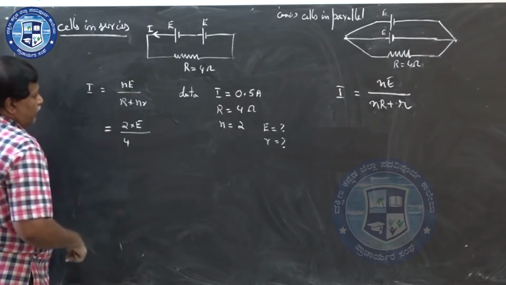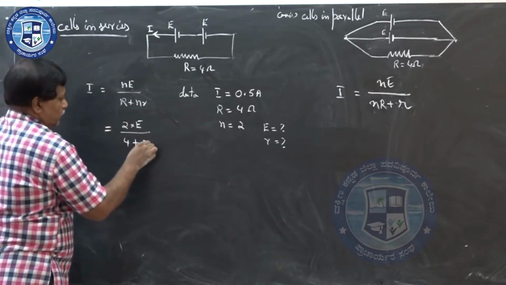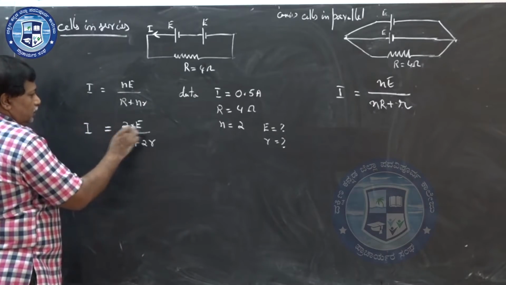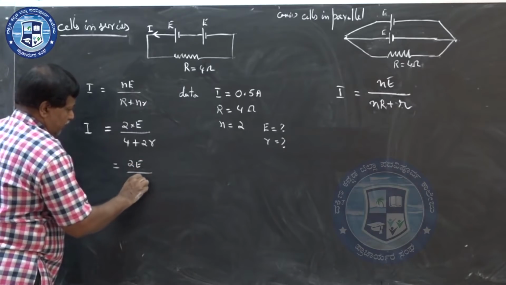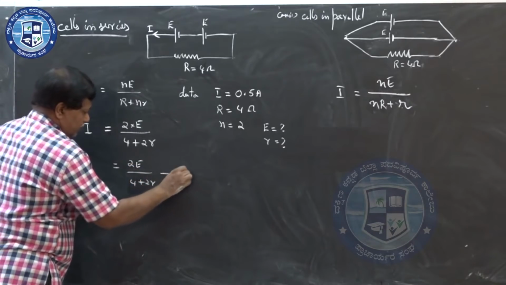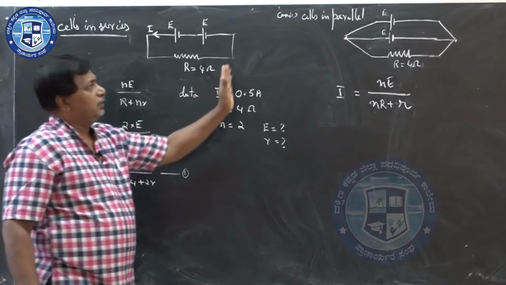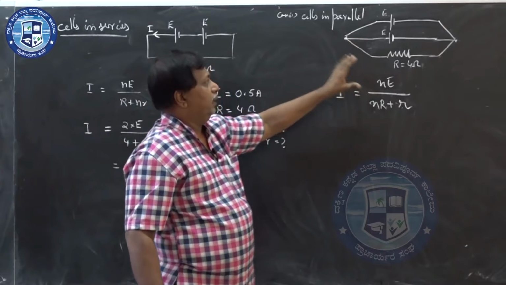R is given 4 plus N same 2r. I is equal to 2E divided by 4 plus 2r. We will stop here and the same discussion is to be done when the cells are connected in parallel.